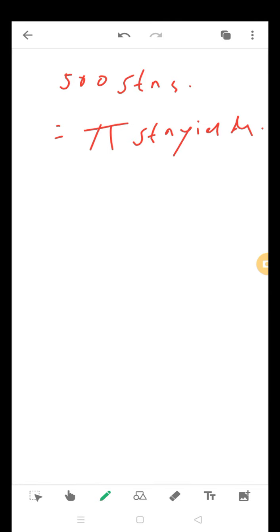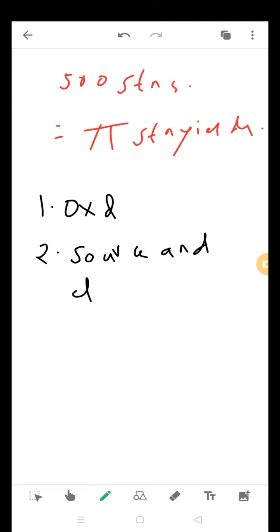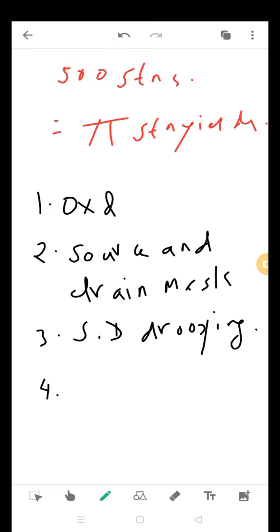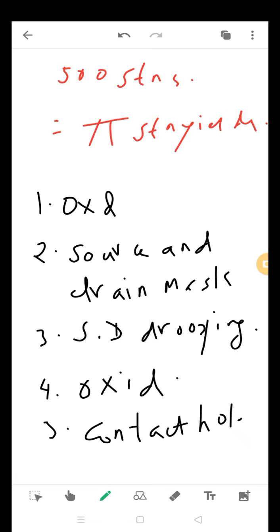These steps are: number 1, oxidation; number 2, source and drain mask forming; number 3, source and drain doping; number 4, again oxidation; and number 5, contact hole. So these are the 5 main steps in the fabrication process.